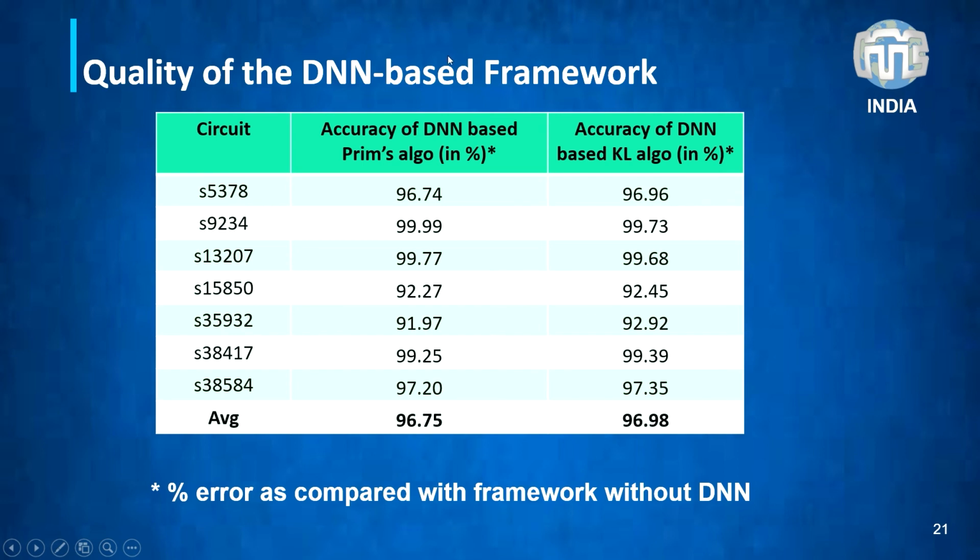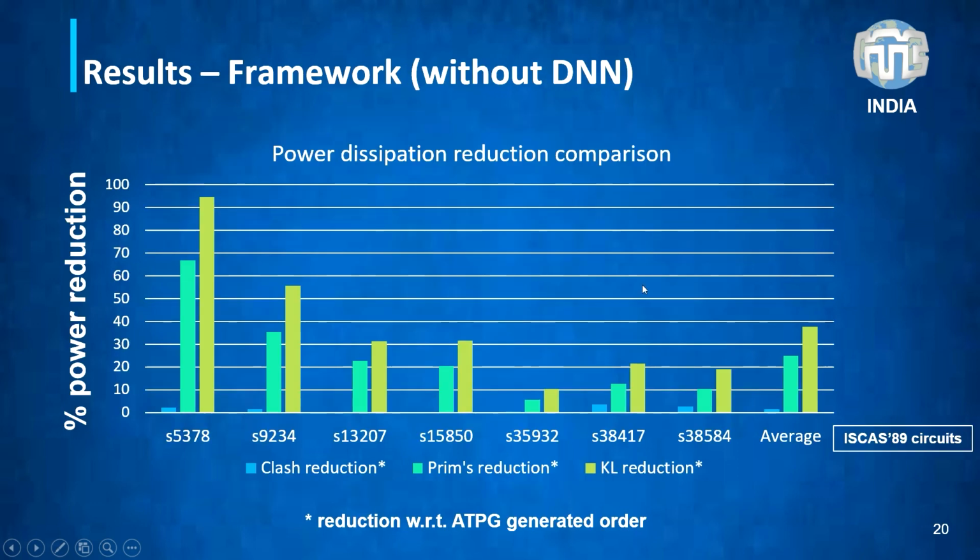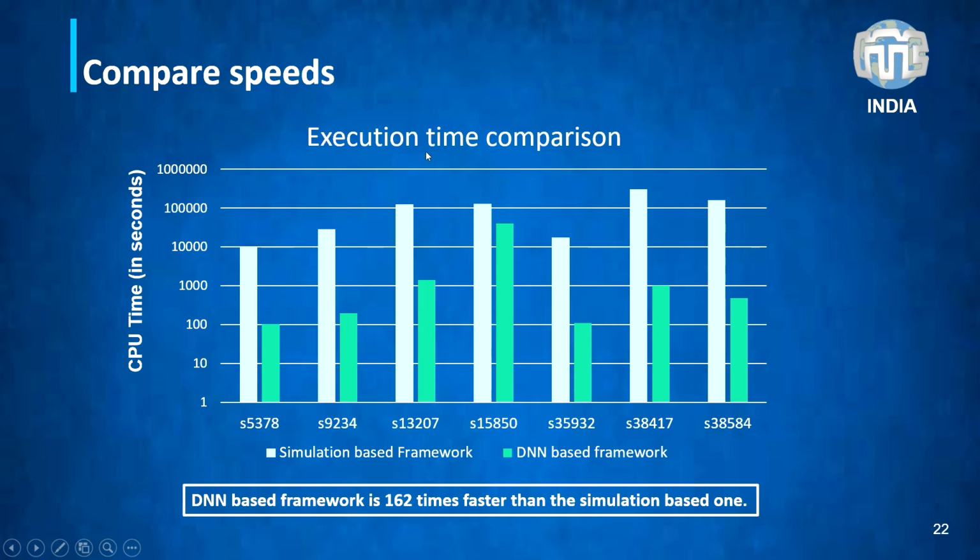Now we'll utilize the DNN to get the similar result, and we have seen that the DNN based framework was achieving an accuracy of almost 97% on average. These errors are compared with the framework without the DNN, meaning this one. So we can achieve this result with 97% accuracy with the help of the DNN based framework.